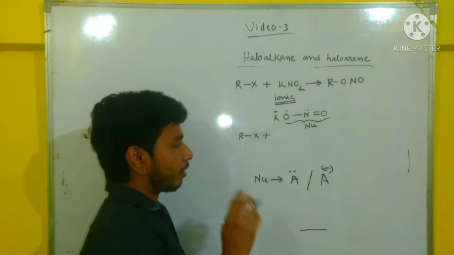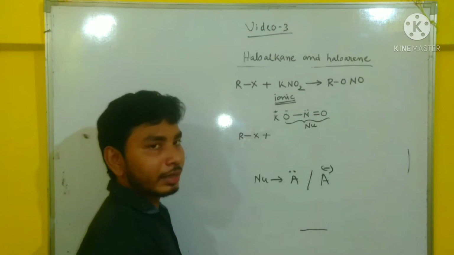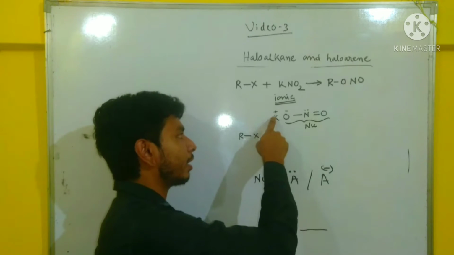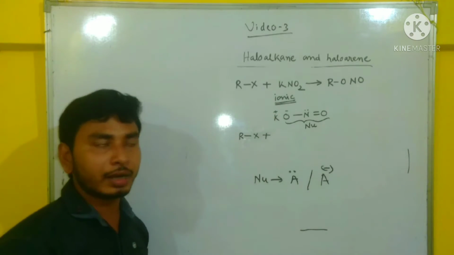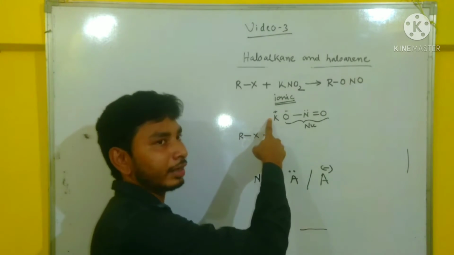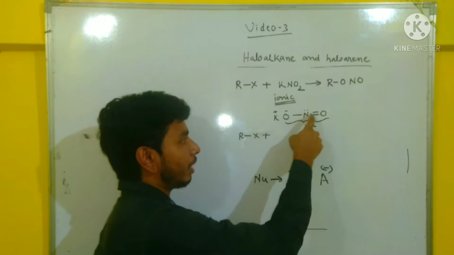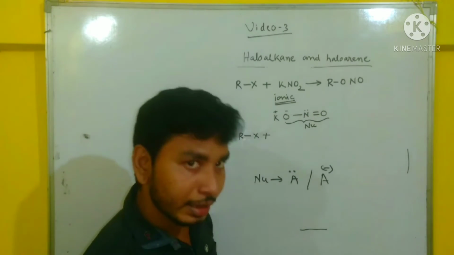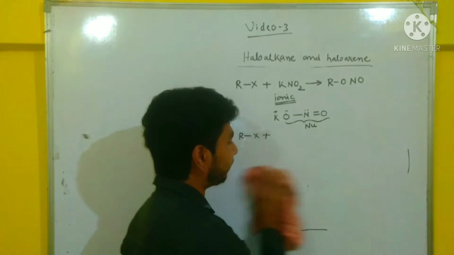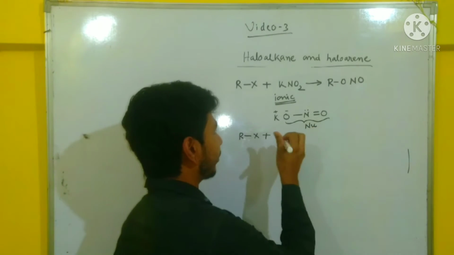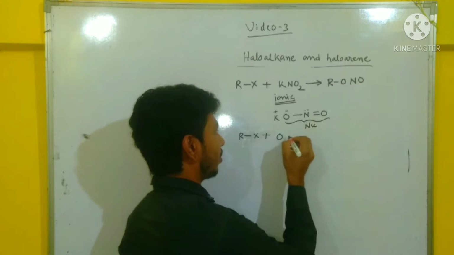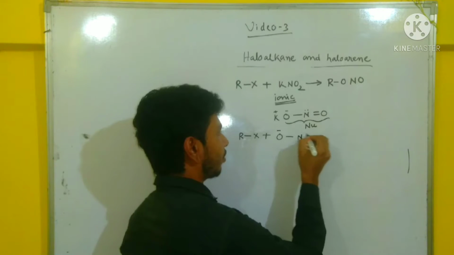So here potassium is positive charge. Positive charge means it is not rich in electrons, so it is not acting as a nucleophile. The O minus N double bond O part is acting as a nucleophile. So RX reacts with this nucleophile.